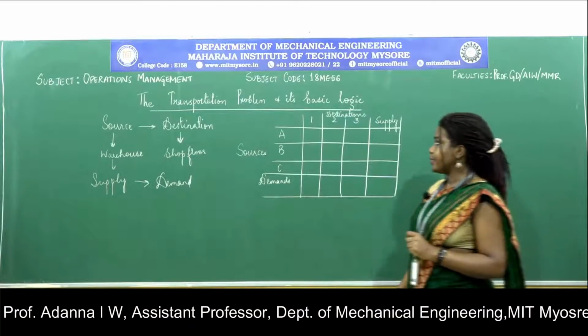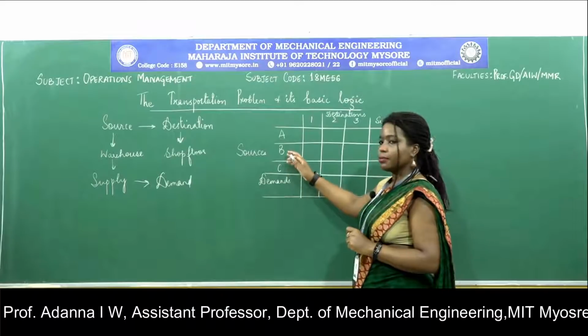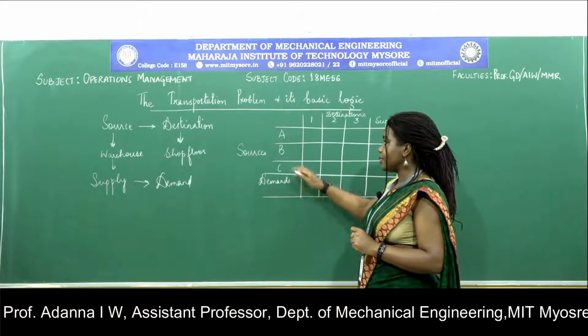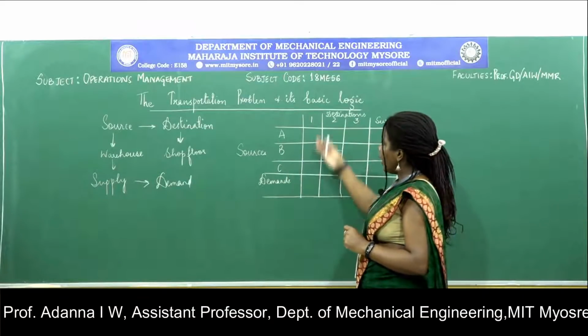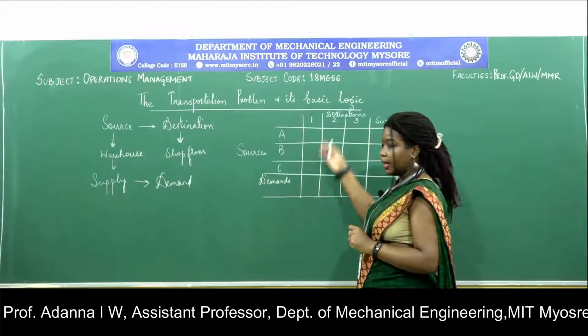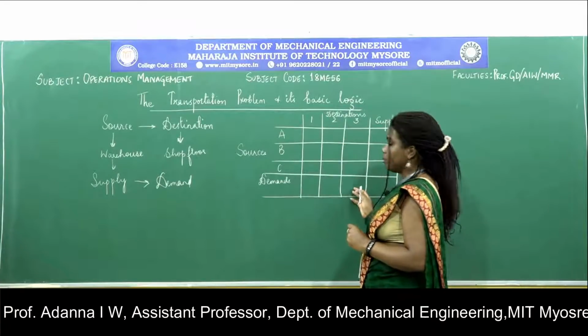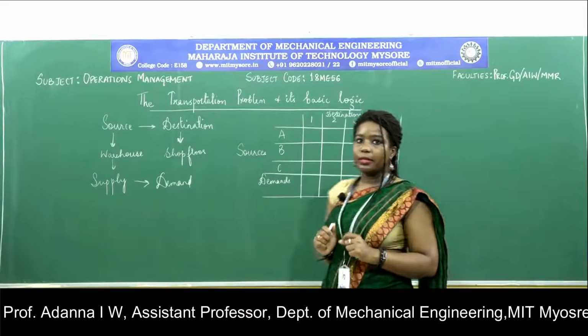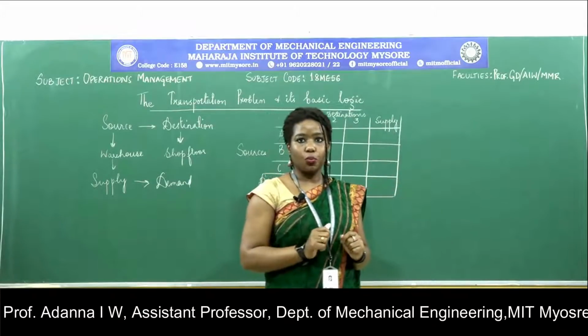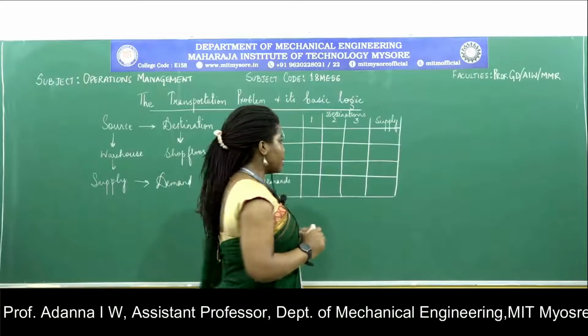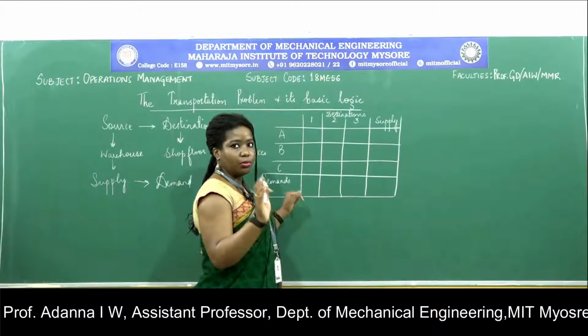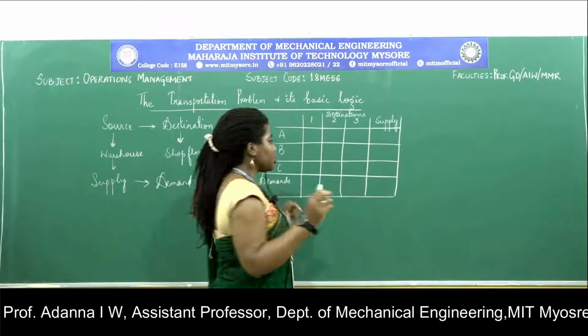Okay, so I say that at source A there is some supply, at B there is some supply, at C there is some supply, and at 1 there is a certain demand, at 2 there is a demand, at 3 there is a demand. So I'm going to fill in this matrix for you to understand what the problem looks like. This is an example problem that I have considered only to give you an idea of what transportation is.